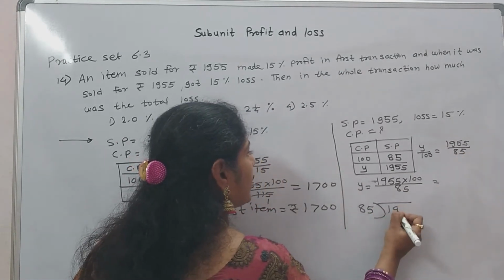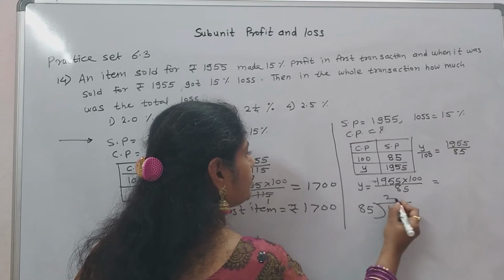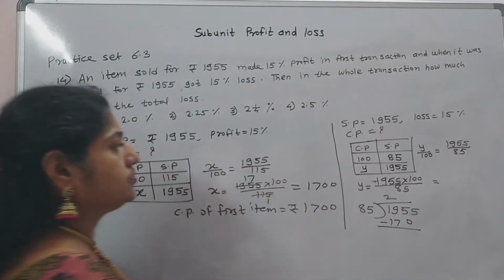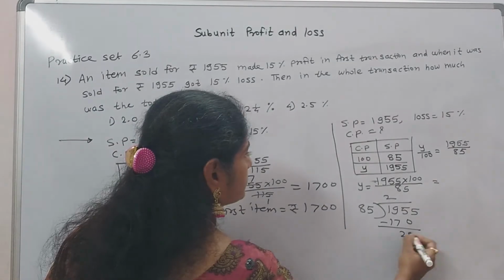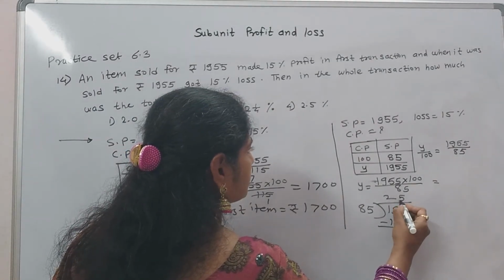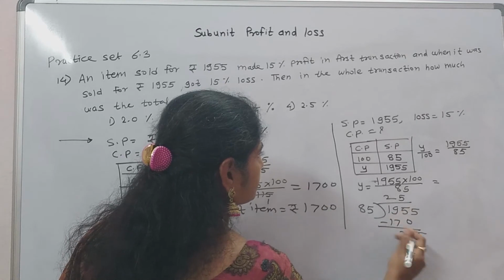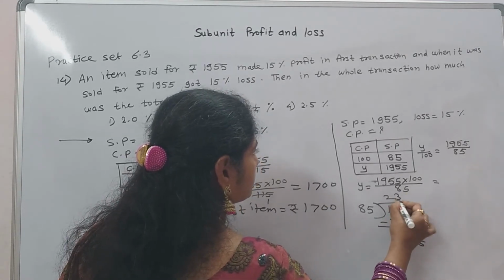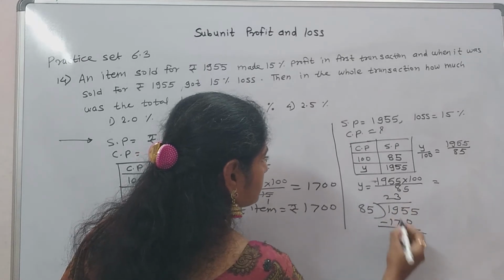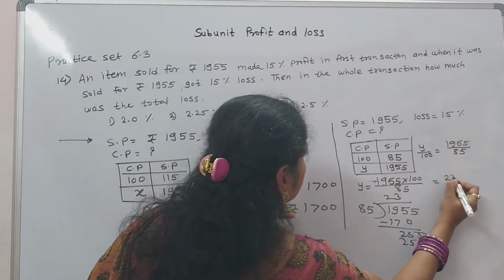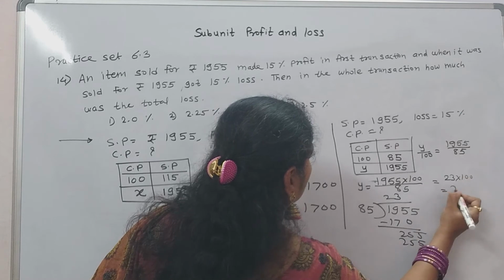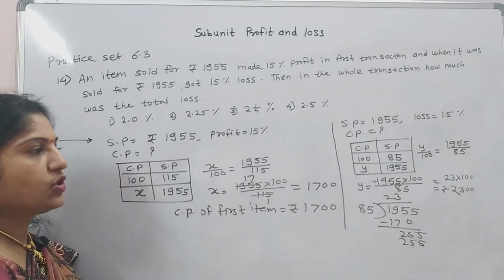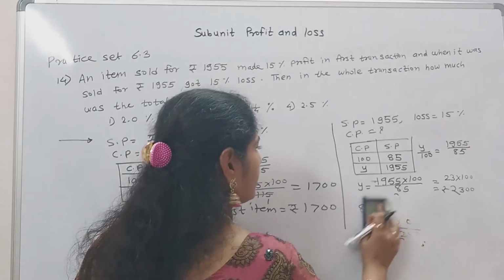Divide this number by 85. 23 into 100, 2300. So cost price of the second atom.